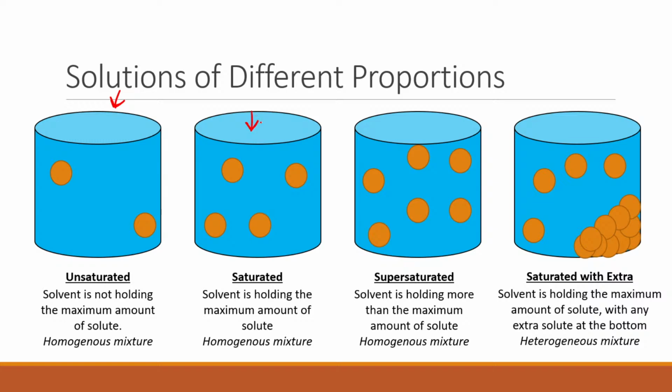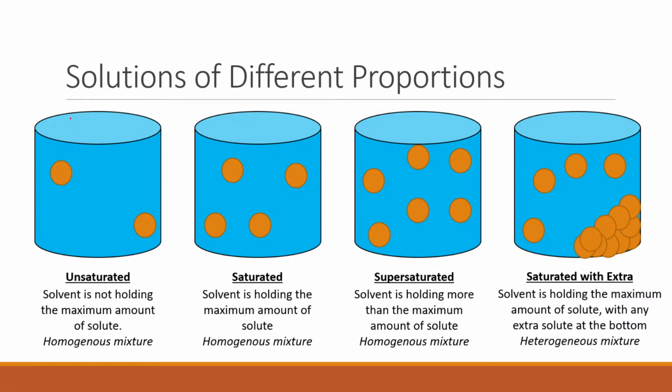Saturated, this second one, is holding the maximum amount of ions it can hold, the maximum amount of solute. I made these diagrams so I got to choose what saturated was. I chose 4 orange balls to be saturated. Any more than 4 and it can't hold it. Right? Any less than 4, right?